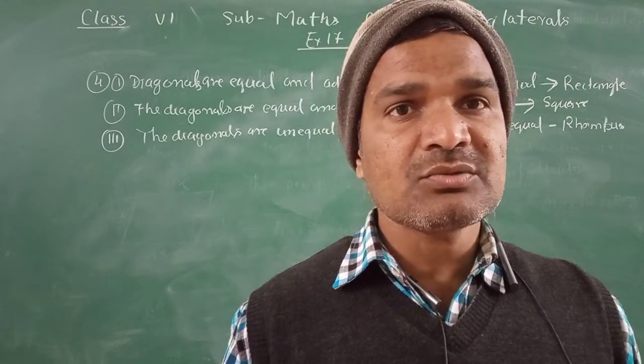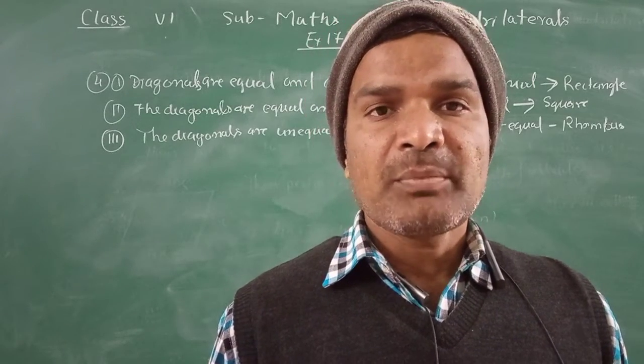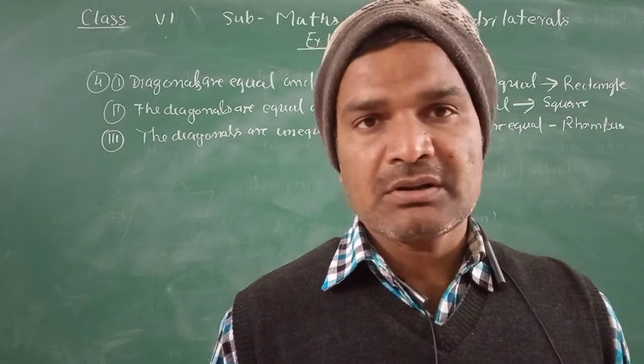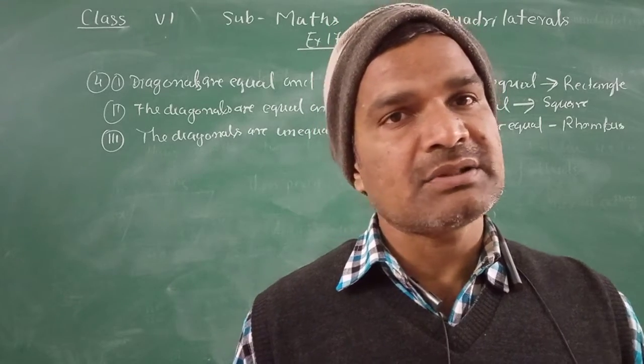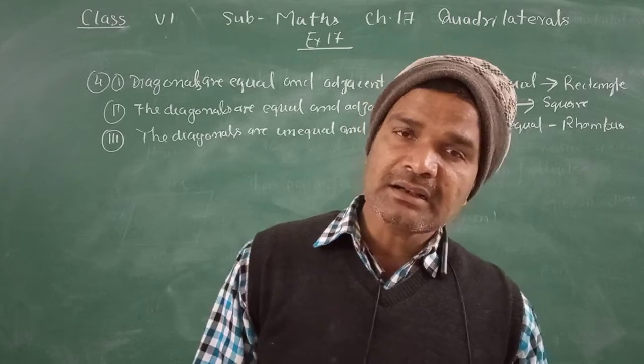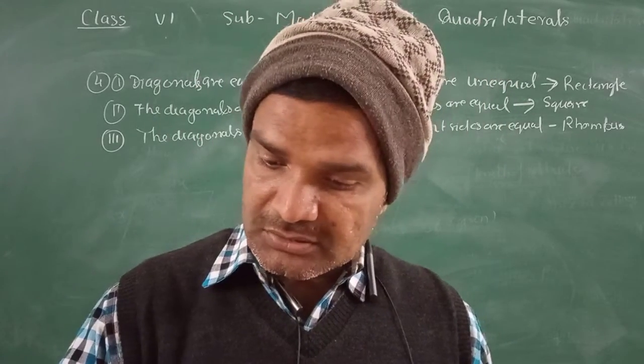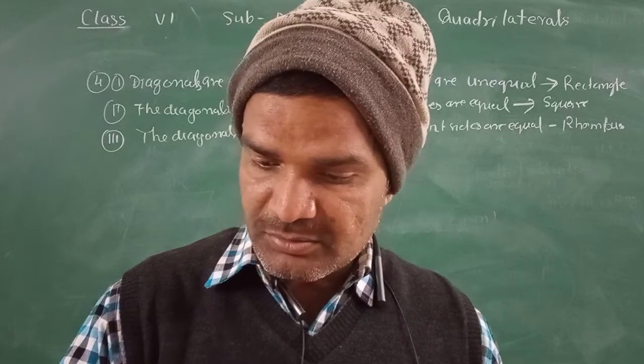In the square all sides are equal, opposite angles are equal because all angles are 90 degrees, and diagonals also bisect each other at 90 degrees. So a square is a special case of a rhombus.